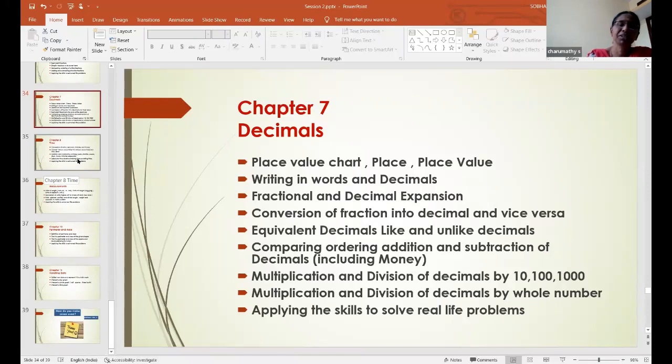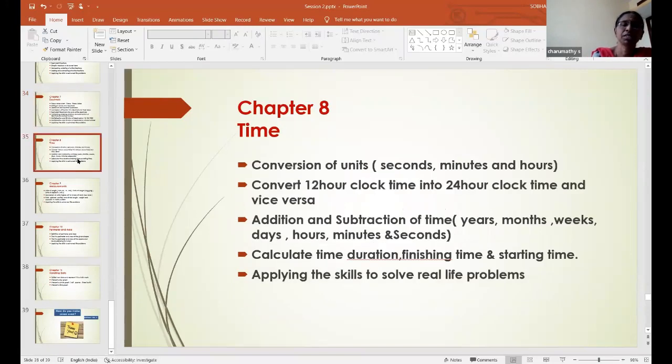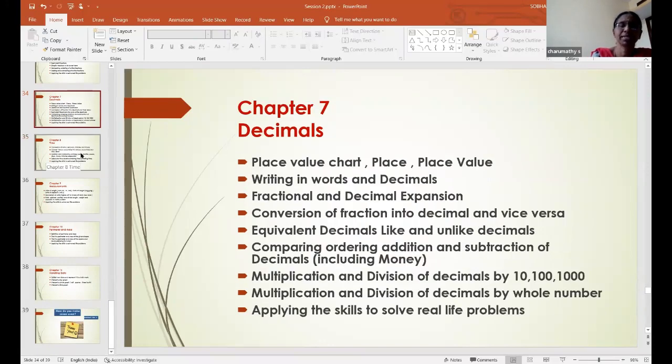Again, here we have included money also. Here we can test it with both paise and rupees. Then multiplication and division of decimals by 10, 100, 1000, and multiplication and division by only a whole number, not decimal by decimal.